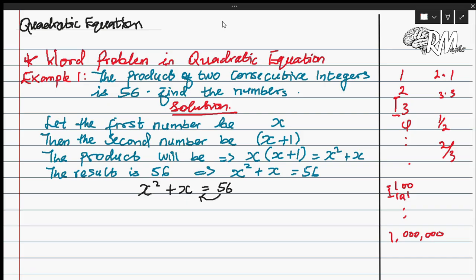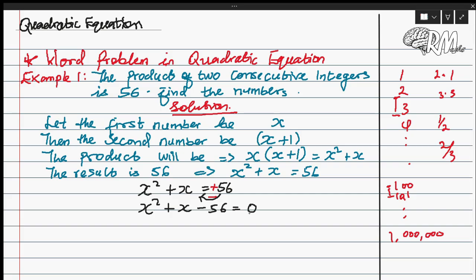So when I'm bringing it back, remember there's a positive sign here, and when it's going back, it will be negative. So I'm going to rewrite the question as x squared plus x minus 56 equals 0. I did not change anything. I just take the positive 56 to the other side, becomes negative 56.